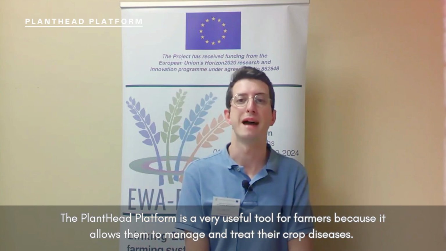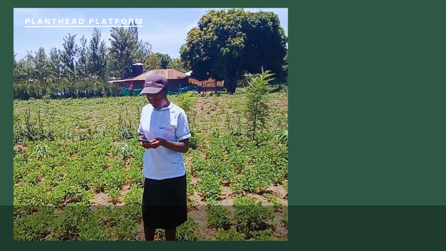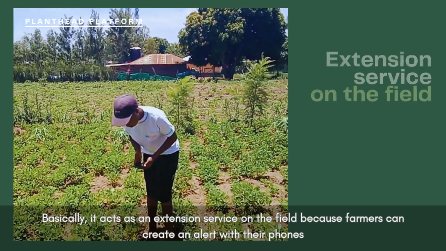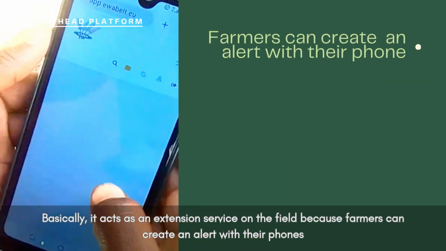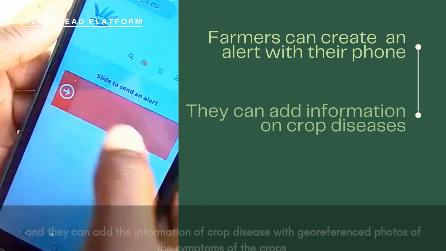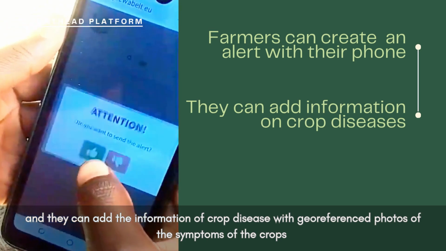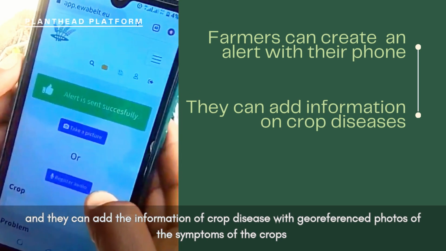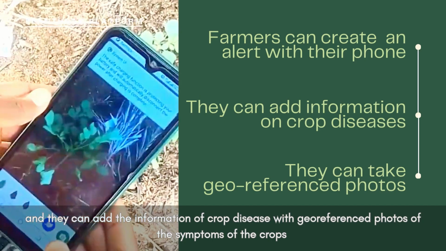The PlantHead platform is a very useful tool for farmers because it allows them to manage and treat their crop diseases. So basically it acts like an extension service in the field, because farmers can create an alert with their phone and they can add information on crop disease. They can also take georeferenced photos of the symptoms on their crops.